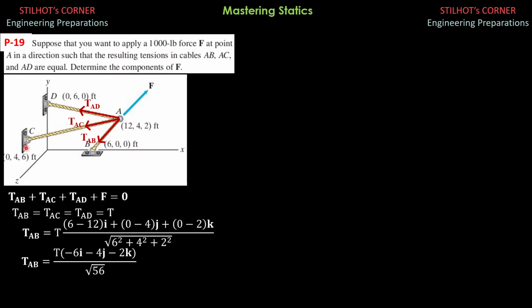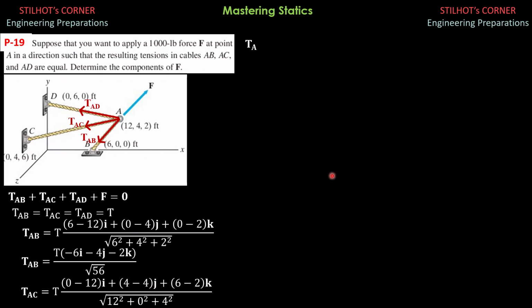Tension AC is equal to T quantity 0 minus 12I plus 4 minus 4J plus 6 minus 2K over square root of 12 square plus 0 square plus 4 square.